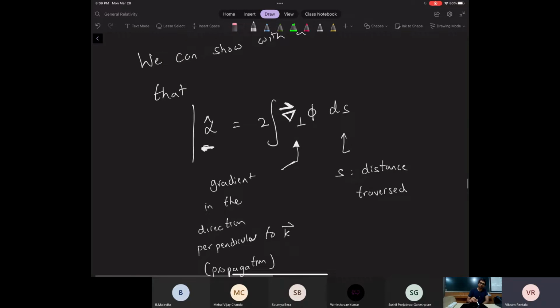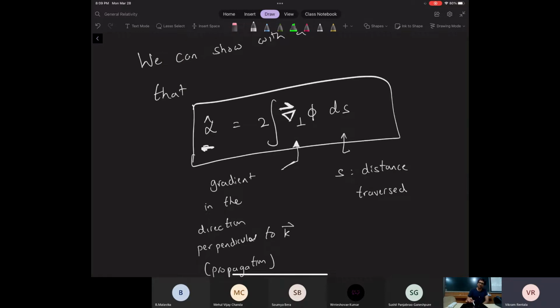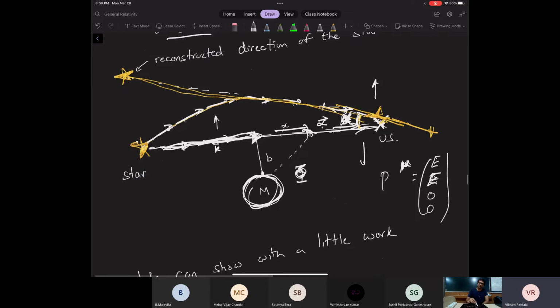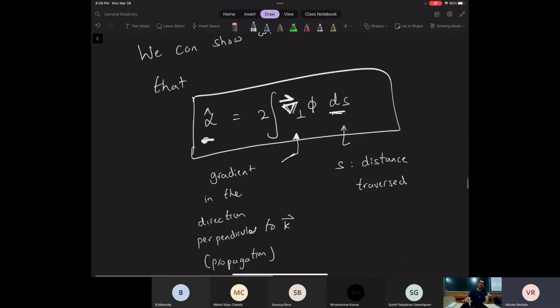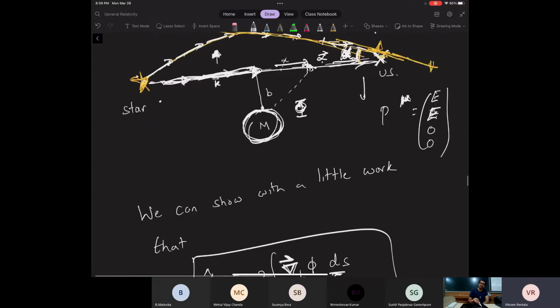You can show it's written as 2 times the gradient of phi in the perpendicular direction, that is, the gradient of phi in this direction, times ds, where ds is the distance that the photon would have traveled along this direction.